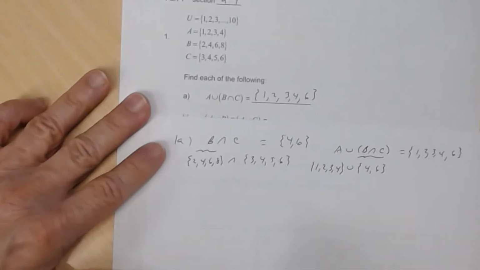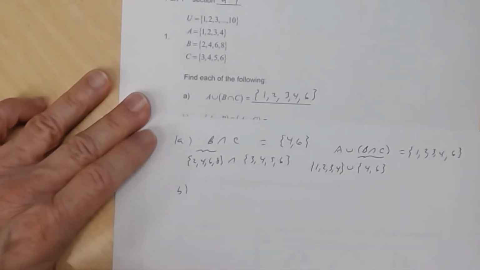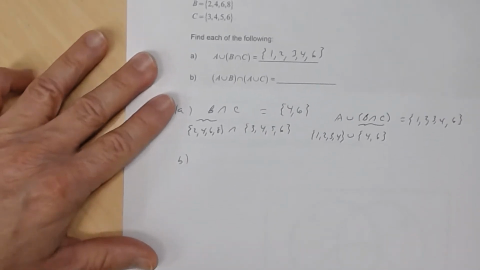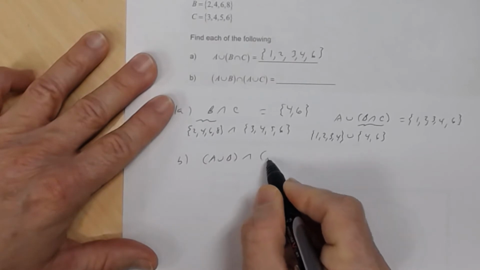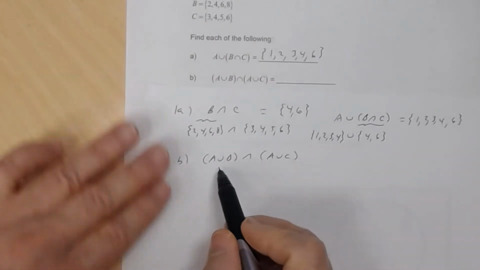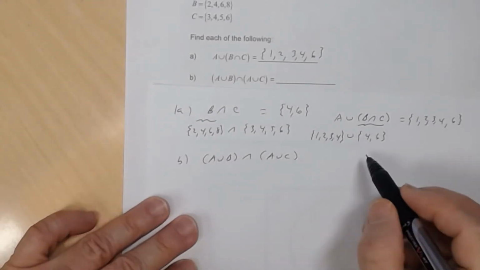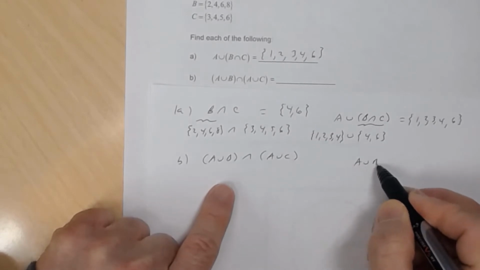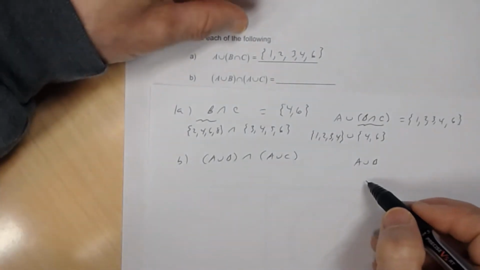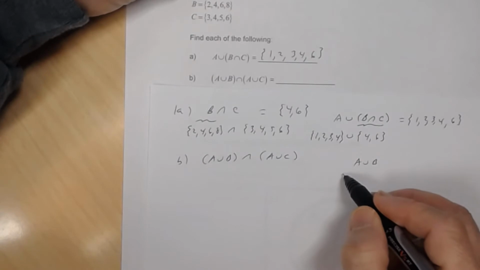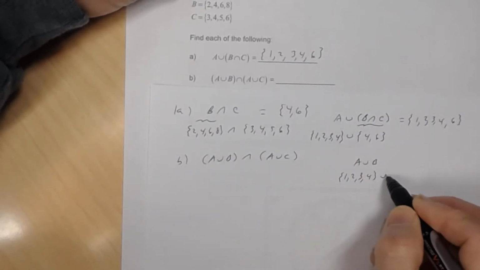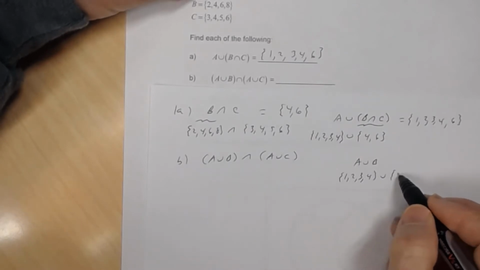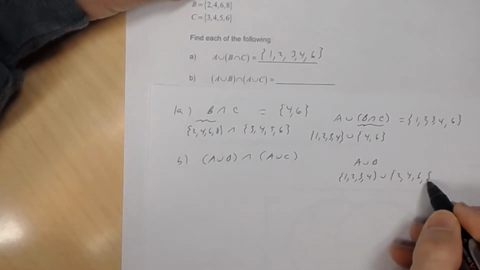Okay, number 1B. All right, so 1B, you have A union B intersect A union C. So let's go ahead and look at A union B first. I'm going to do that right here, A union B. I know that A is the set 1, 2, 3, 4, and I know that B is the set 2, 4, 6, 8.